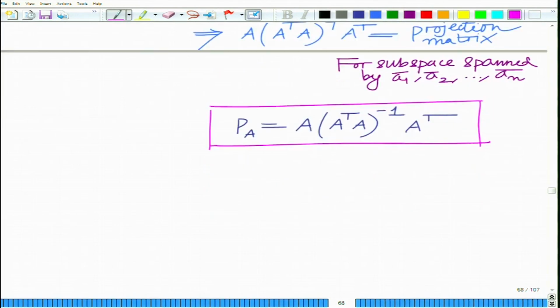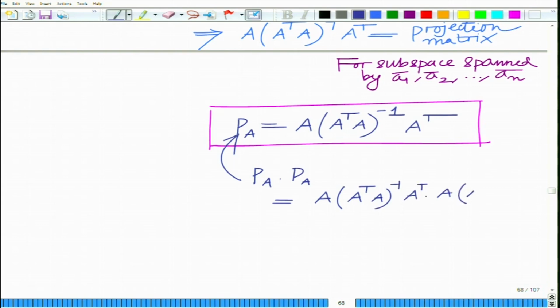One of the most interesting properties of the projection matrix is that if you look at PA times PA, that gives you A transpose A inverse A transpose multiplied by this A transpose A inverse into A transpose.